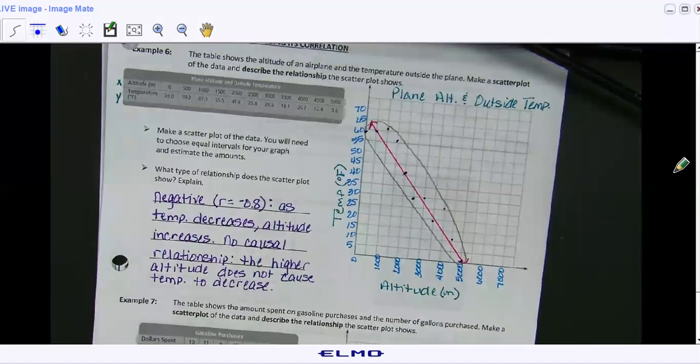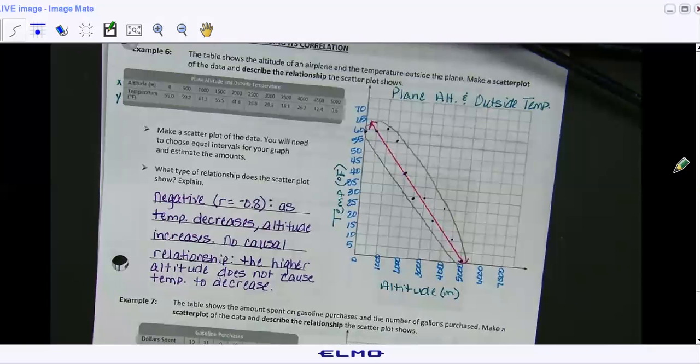Would it have to be constant for it to be a causal relation? Because would it be a causal relation if zero is at 59, 500 is at like 58, 1000 is at like 57, and it kept going down from there? Not by exact numbers, but it just kept going down. Would that be a causal relationship? No, because still altitude is not causing the temperature.